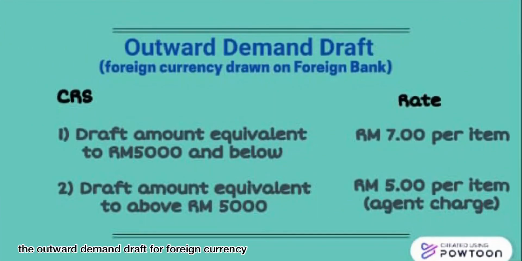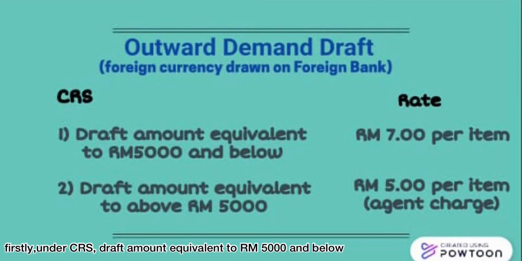The outward demand draft for foreign currency drawn on a foreign bank. For my financial institution, I choose Malayan Banking Berhad. We have two types: the first one is CRS and the second one is non-CRS. CRS means Citicorp Remittance Service.